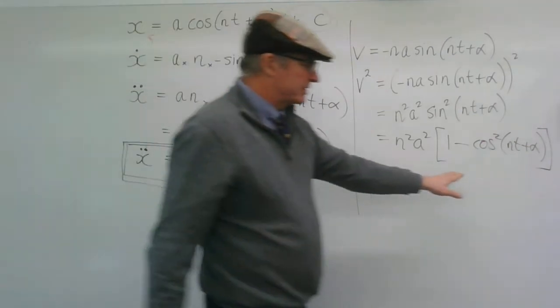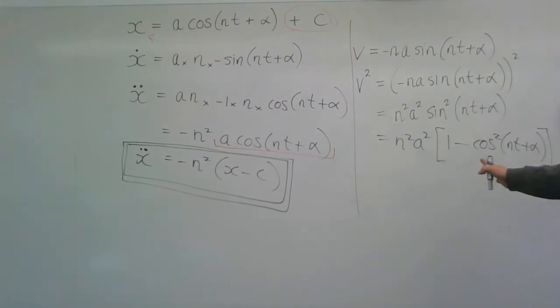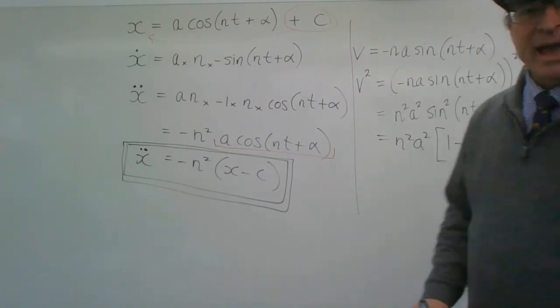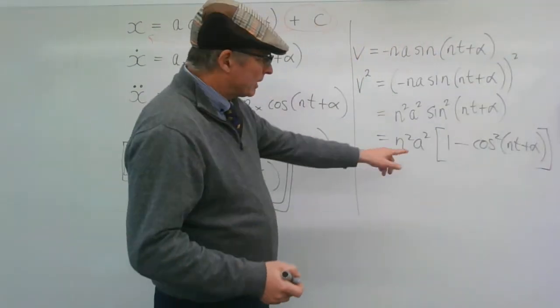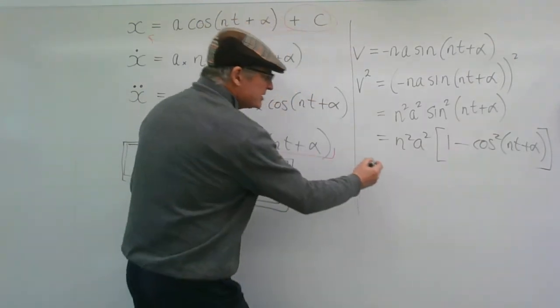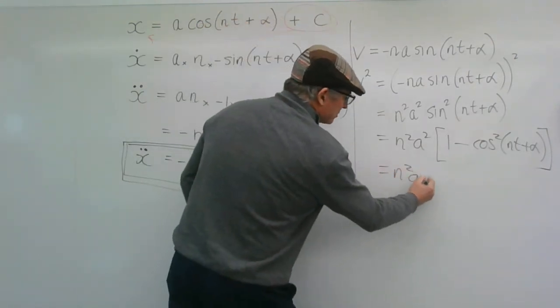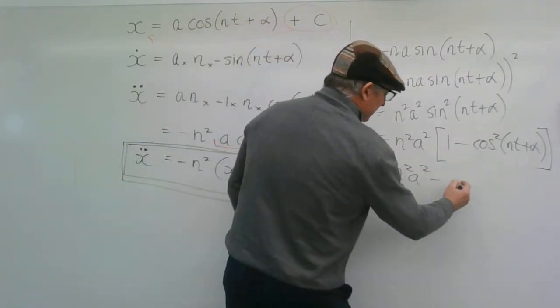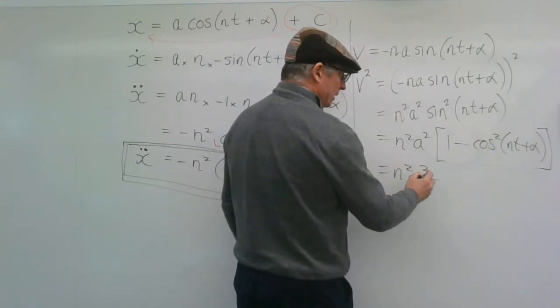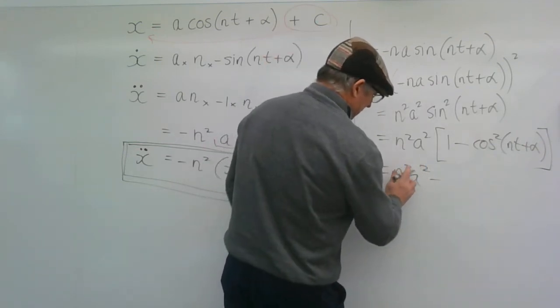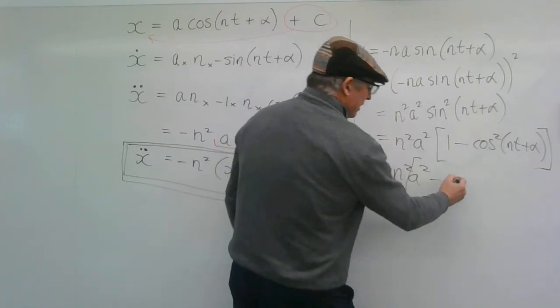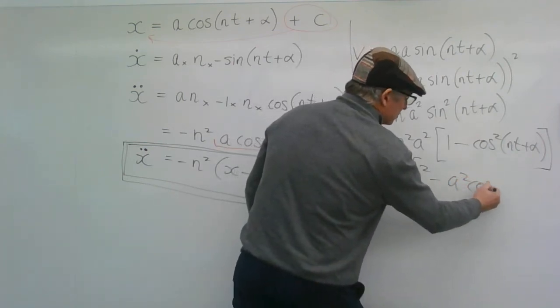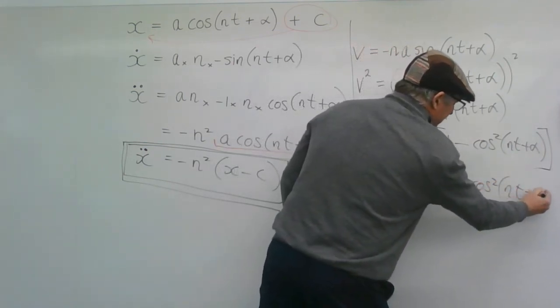Are we able to somehow make this work out that way? And the answer is yes, we can, because this is the same as n squared a squared minus, I'll just keep that n squared outside, a squared cos squared nt plus alpha.